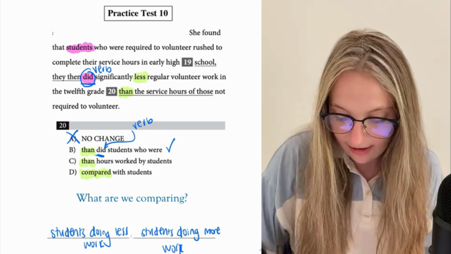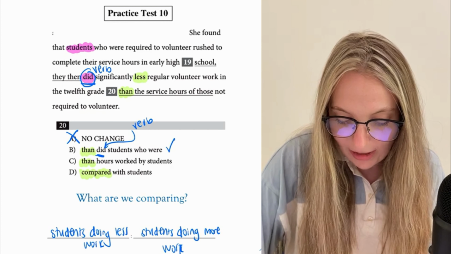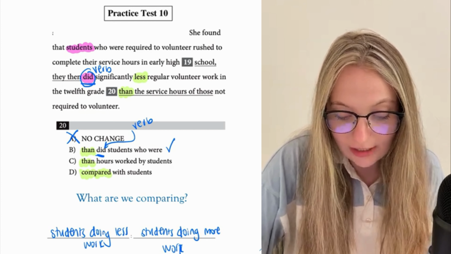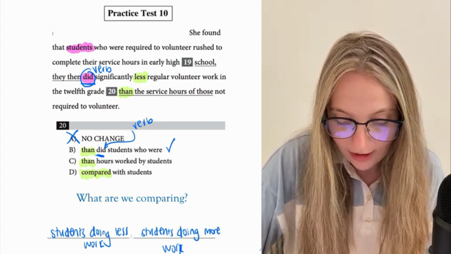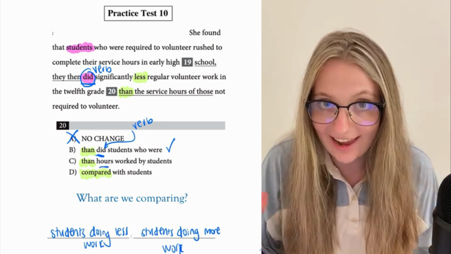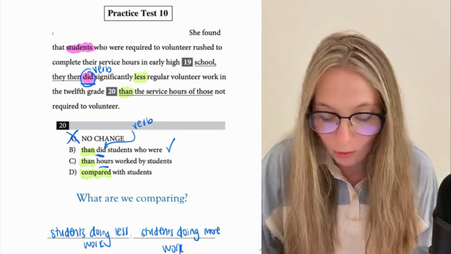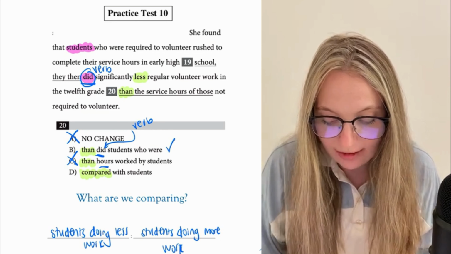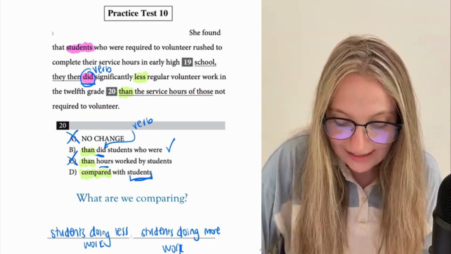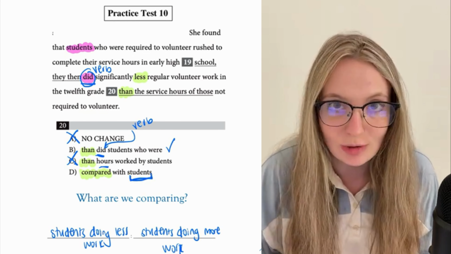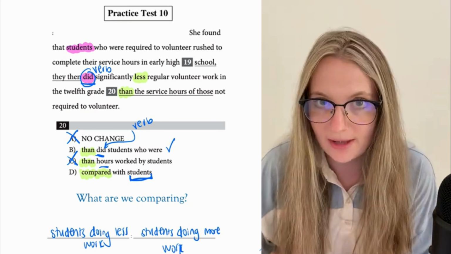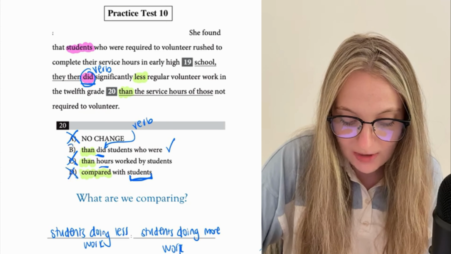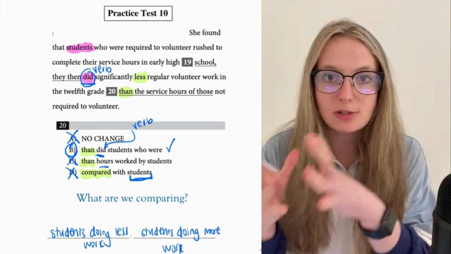That's a valid comparison, verb to verb. C, we cannot compare the students doing less volunteer work to the hours, like again, the noun, so that's out. And then D, we can't compare the students doing less work to the actual students themselves. It needs to be to what the students did, not the actual human beings themselves. So choice B is the only one here that compares verb to verb.